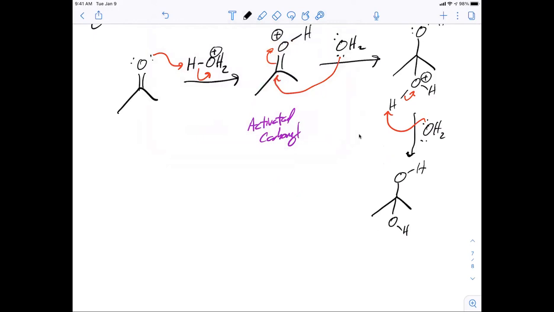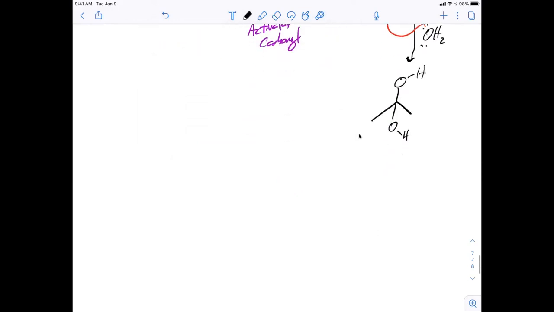And again, anytime you see an aldehyde or ketone in a water mixture, this could be part of the mixture, right? That'll be important when you look at some of your biomedical and biochemistry reactions. You'll see this step happening quite a bit. And this is the basic mechanism for that.